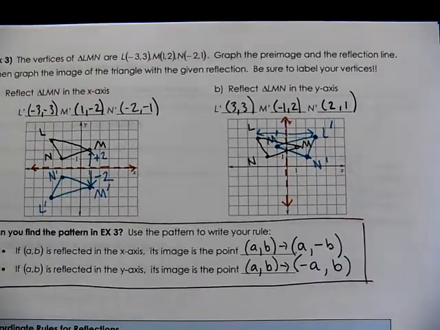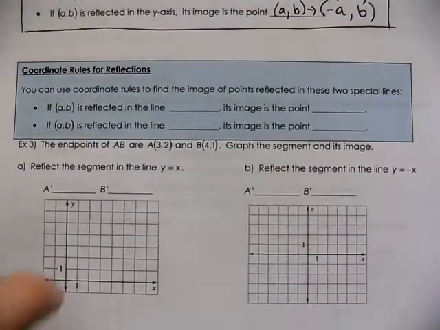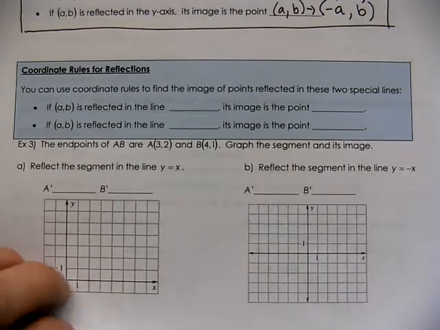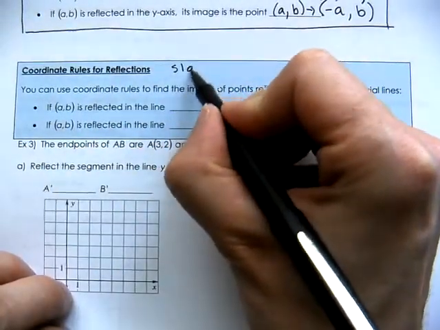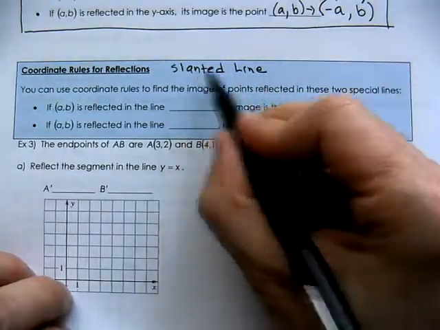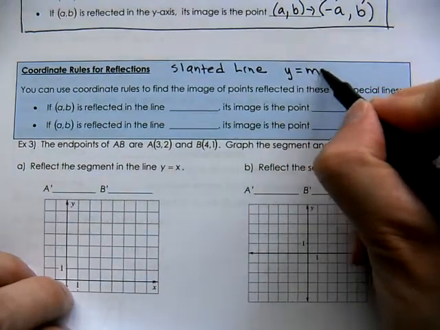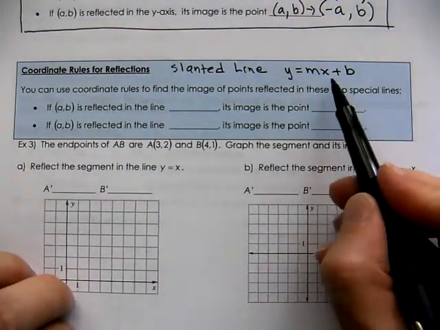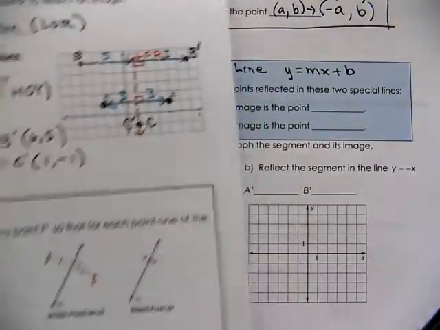So now this is our third and final type of line of reflection, and these are where we now use slanted lines of reflection. So let me back up just a moment here and remind you that when we are using a slanted line, the equation of a line is of this pattern, y equals mx plus b. Notice how that is different than the kinds of lines we saw on the previous page.